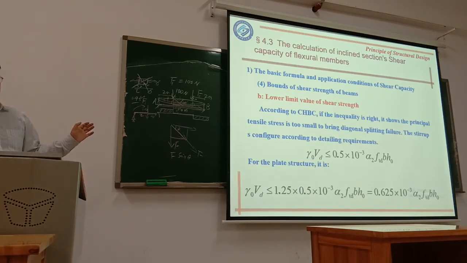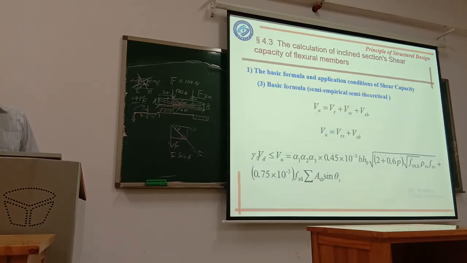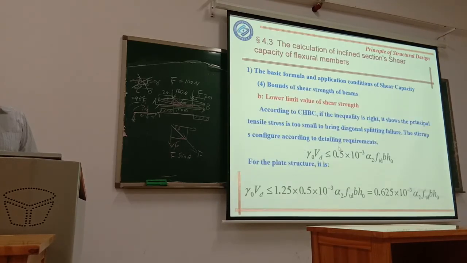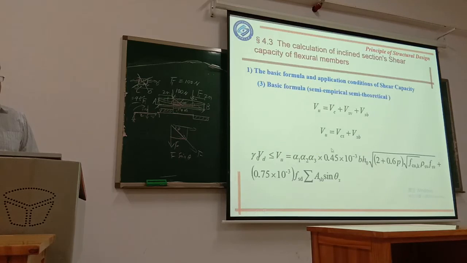So by this limit, your design, if it finally fails, fails like the shear compression failure mode, the middle one, because this equation is based on this failure mode. It's not suitable for the splitting failure mode or the compression failure mode. It's suitable for the shear compression failure mode.